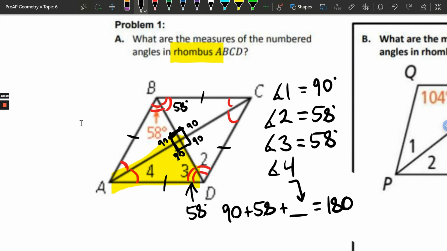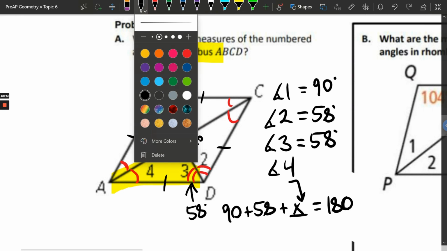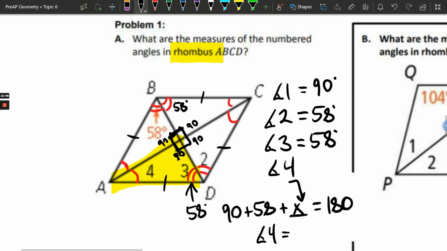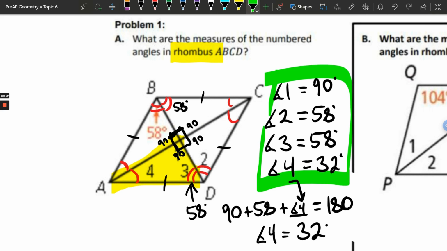I'm sure you guys could solve this. All you got to do is take 180 minus 90 minus 58, and you will get 32 degrees for angle 4. I wouldn't even call it x. I would just call it angle 4 and solve that equation. And now we have the answer to this problem.